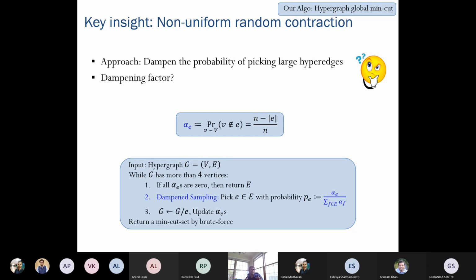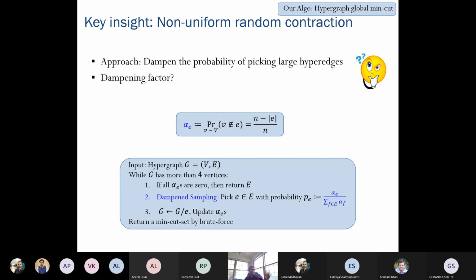You can return a minimum cut in this constant sized hypergraph by brute force. So this is our algorithm for global min-cut in hypergraphs. And for the rest of the time, I'm going to tell you why this algorithm succeeds with large enough probability. We will analyze this algorithm.